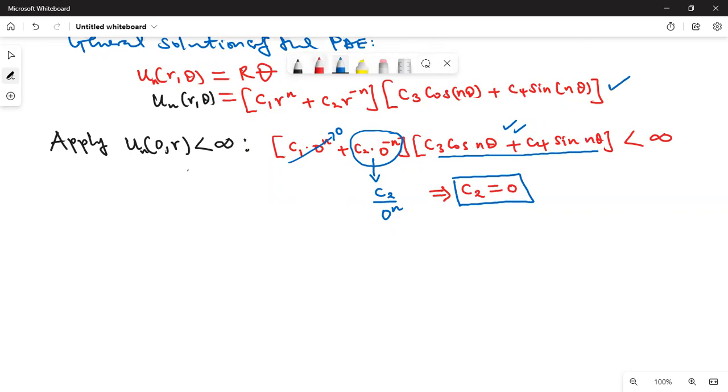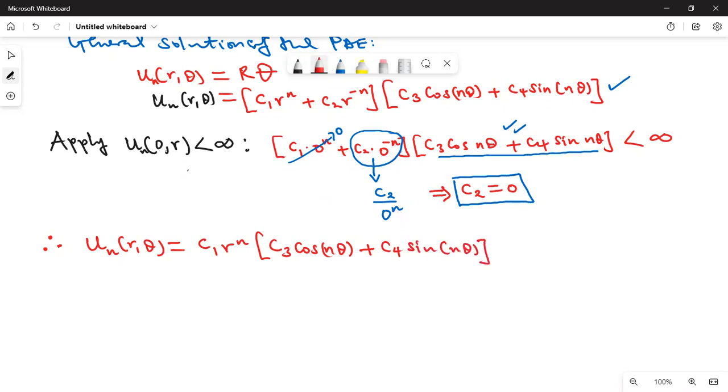Therefore, because we have found C2 is equal to 0, our U subscript n of r theta is now equal to C1 times r raised to n times C3 cosine of n theta plus C4 sine of n theta.